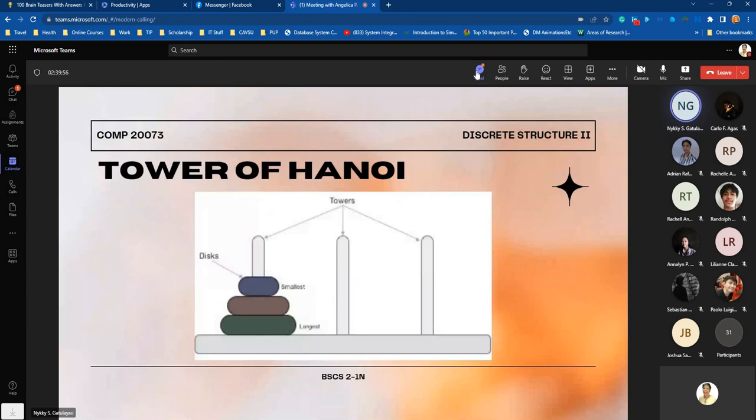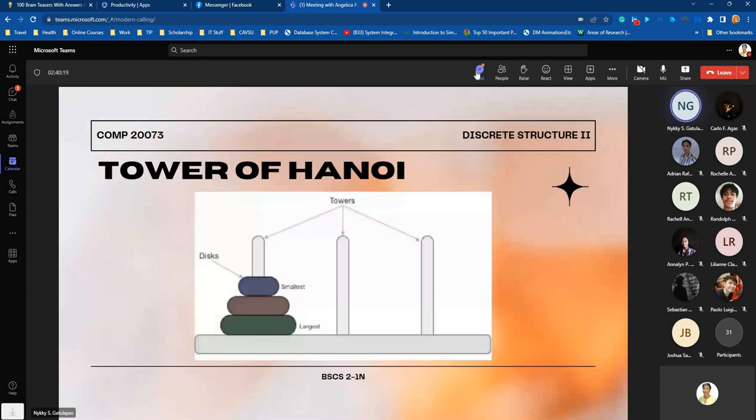The rules of the puzzle allow the disk to move one at a time from one peg to another, as long as a disk is never placed on top of a smaller disk. The goal of the puzzle is to have all the disks on the second peg in order of size, with the largest on the bottom.